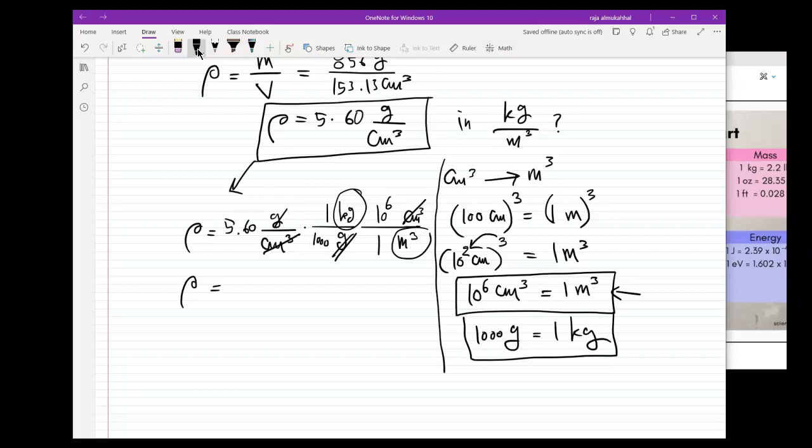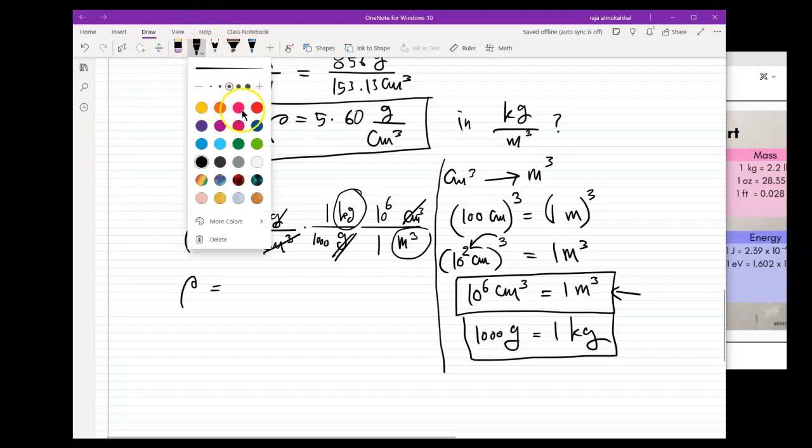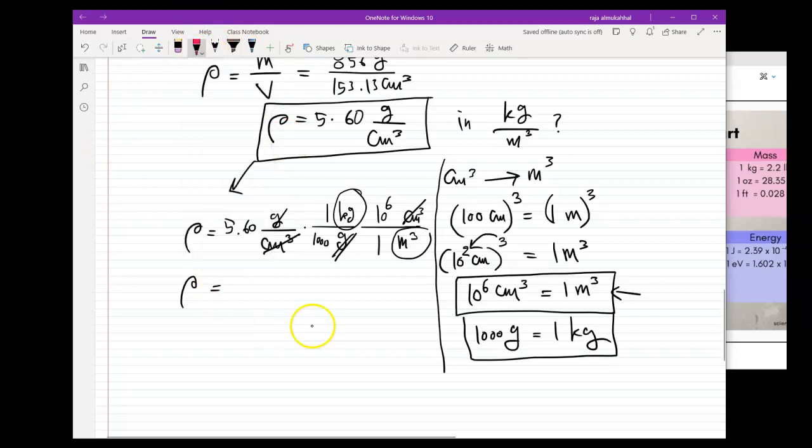So now I'm going to multiply. Let me put them in a different color just to show you. I'm going to be multiplying 5.6 divided by 1,000 times a million. You got that? I'm sure there is an easier way to do it, but that's just one way to do it, I guess.